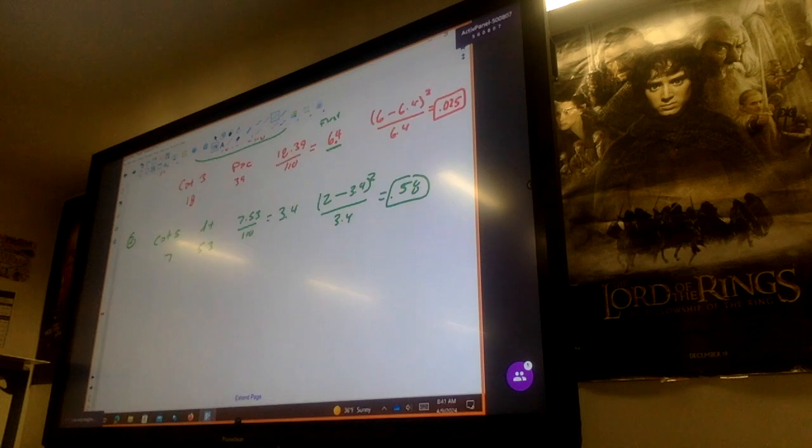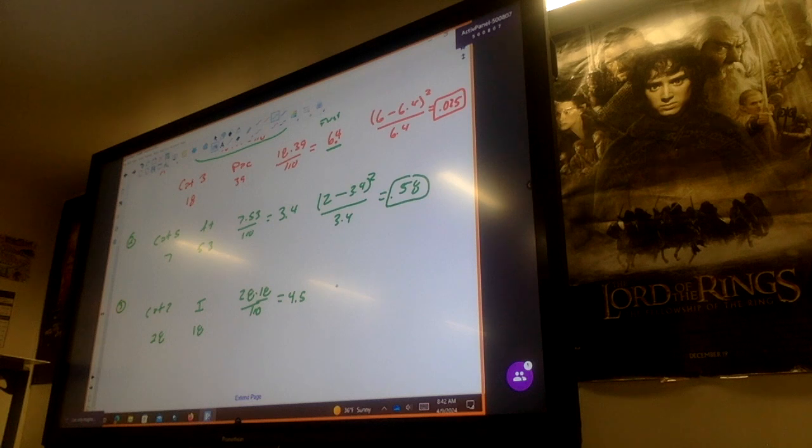Then number 3 says we want category 2 in the Indian Ocean. Category 2, there's 28 of them. Indian Ocean, you got 18 of them. So we're gonna go 28 times 18 divided by 110. So 4.5, that's what they're expecting.